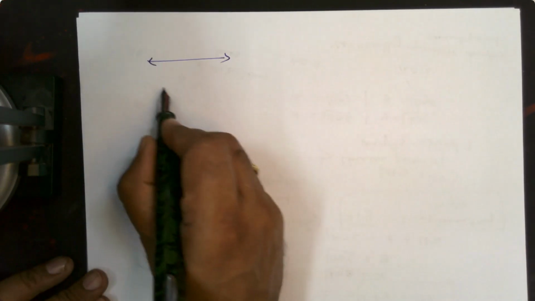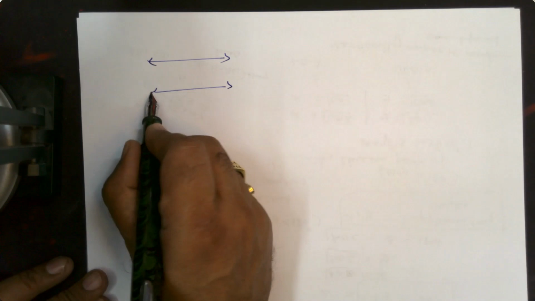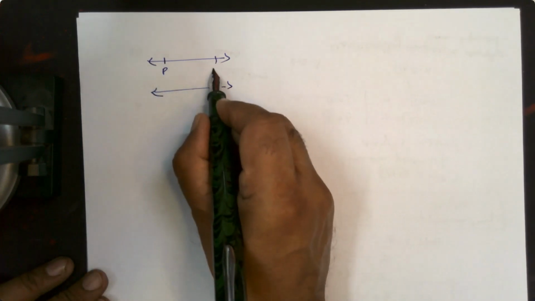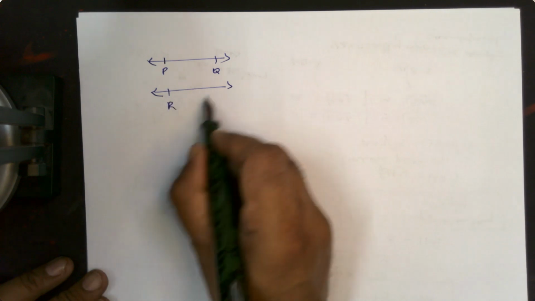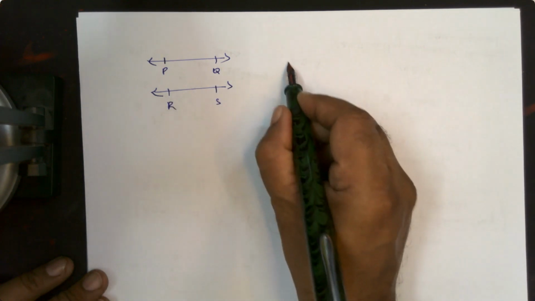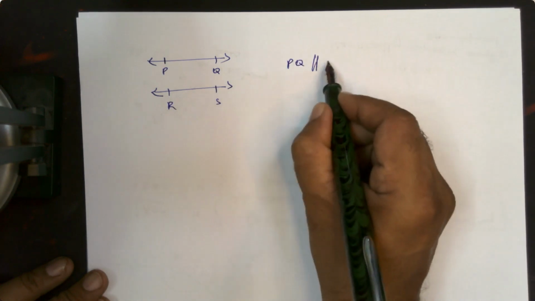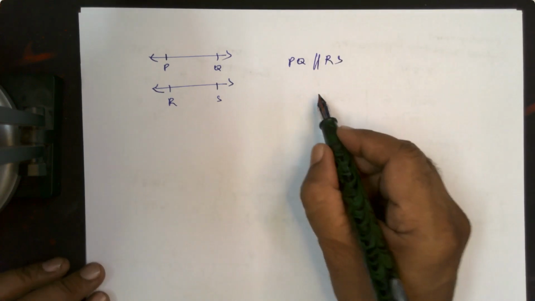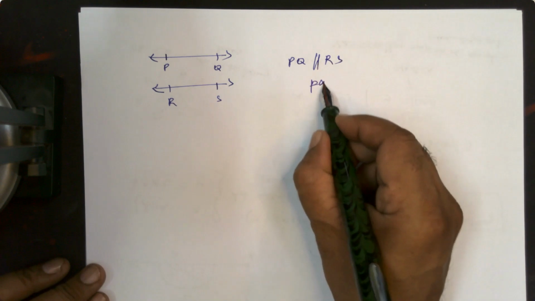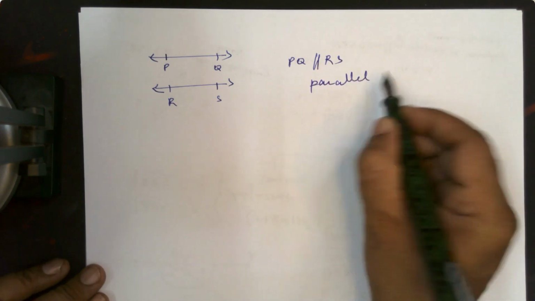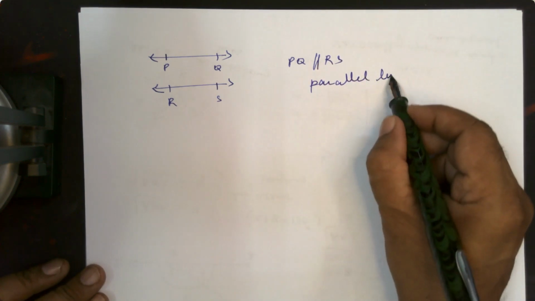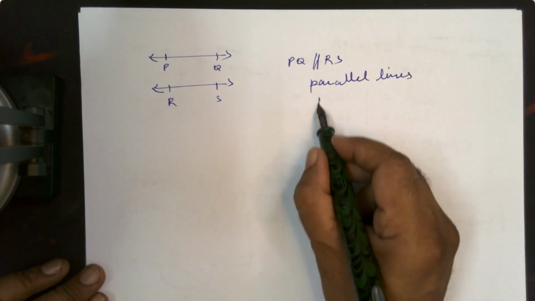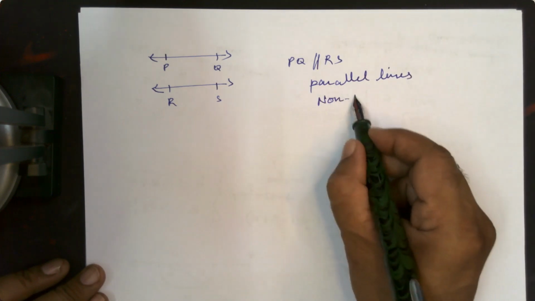They can never intersect each other when they are parallel. Let me call them P, Q. So PQ and RS are parallel lines. That is, non-intersecting lines.